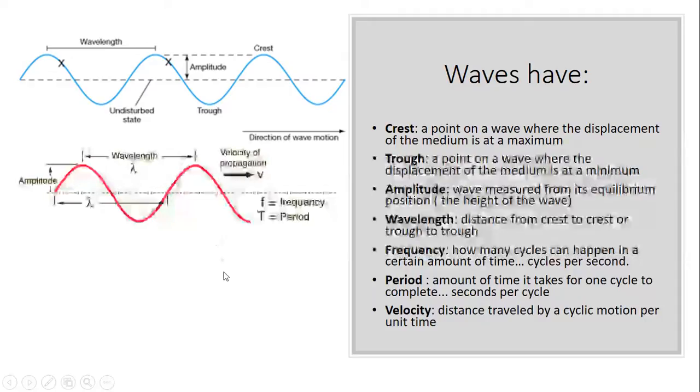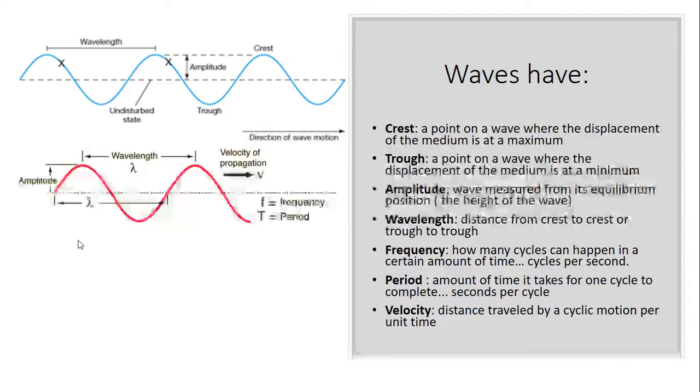Waves also have frequency represented by f, period represented by T, and velocity represented by v. Frequency of a wave is how many cycles can happen in a certain amount of time, cycles per second. And period of a wave is the amount of time it takes for one cycle to complete, seconds per cycle.